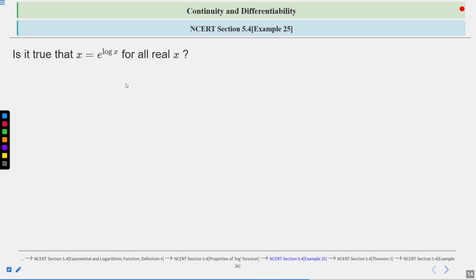Next, NCERT section 5.4, example 25. Is it true that x is equal to e to the power log x for all real x? I am giving you 50 seconds to solve or think about this question. After that, we will move to the solution part.